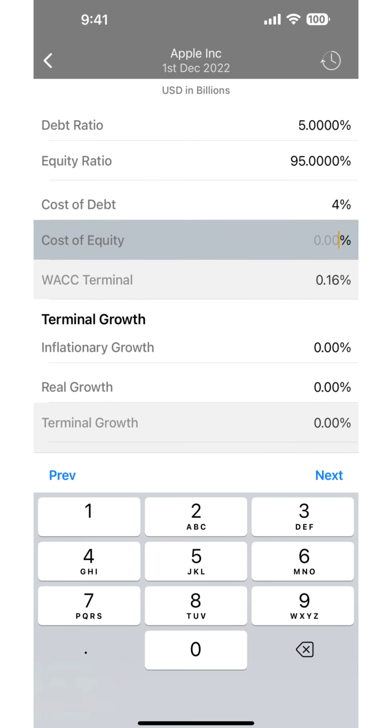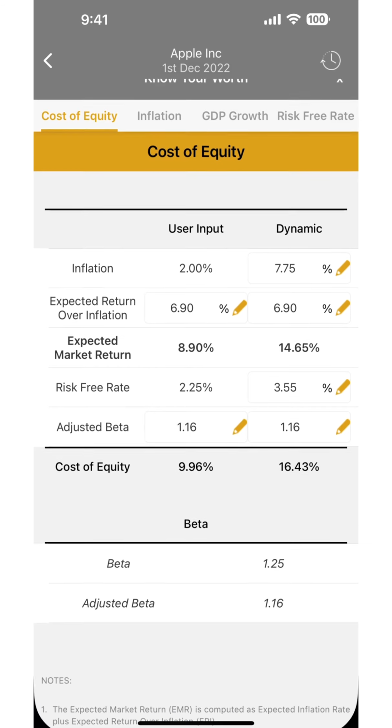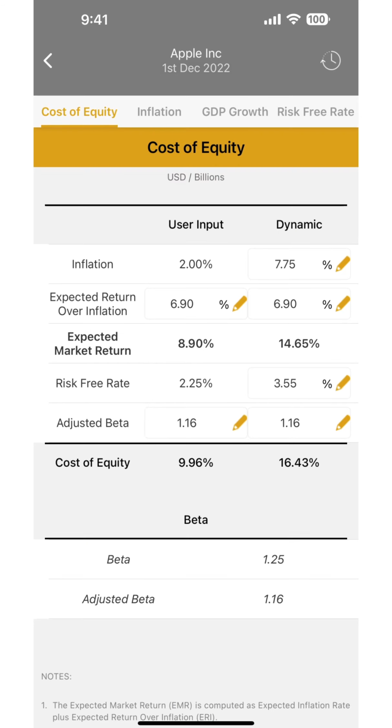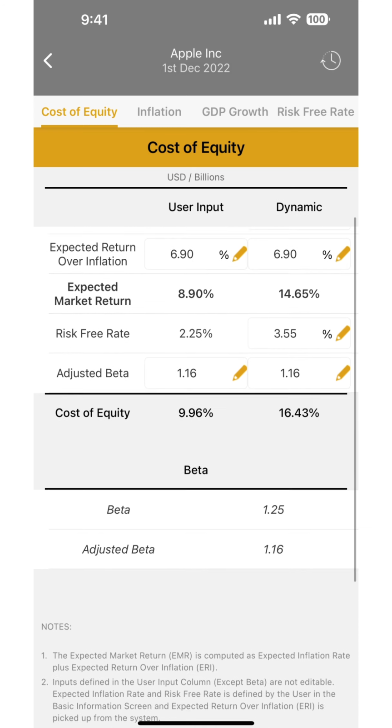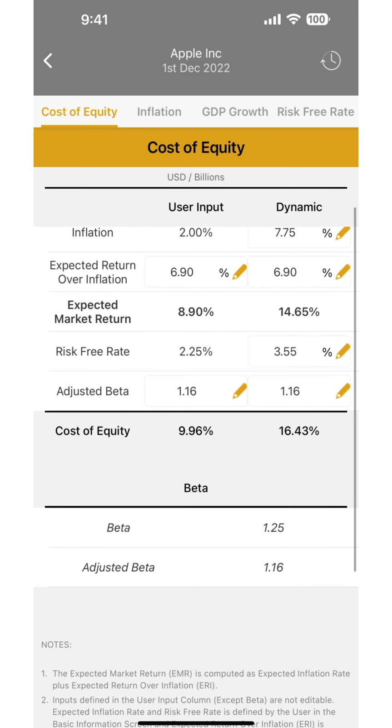Enter the cost of equity during the terminal period. Users may refer the history icon to view computation under capital asset pricing model in the user input column. In the dynamic column of this section, users can iterate and compute the cost of equity based on your assumptions and enter the cost of equity. Do review the beta with other websites.